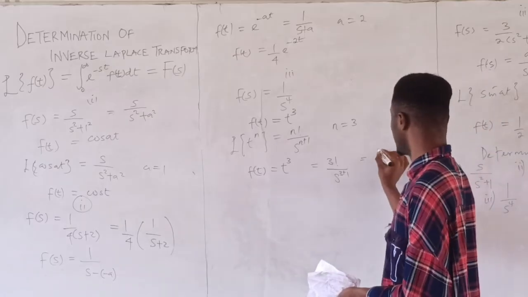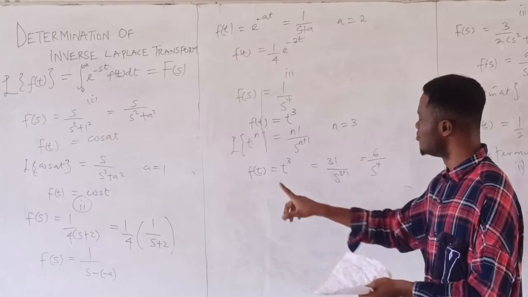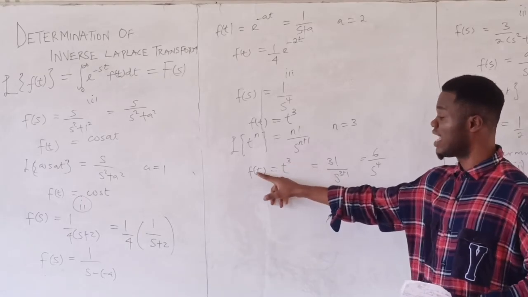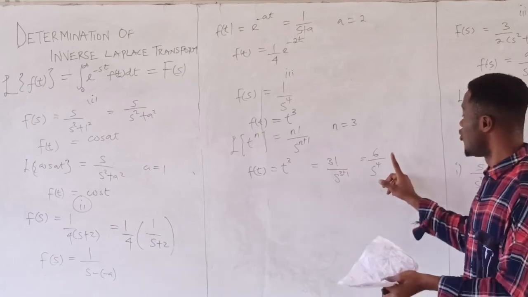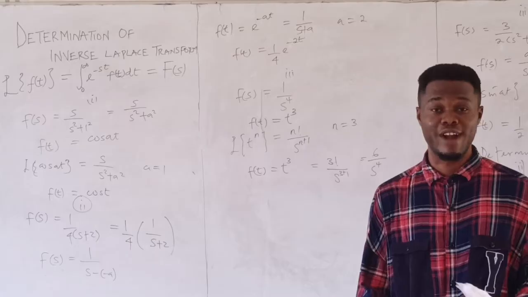That means this should give us 6 divided by s to the power of 4. So when f of t is equal to t cubed, we know that the answer should give us 6 over s to the power of 4, right?